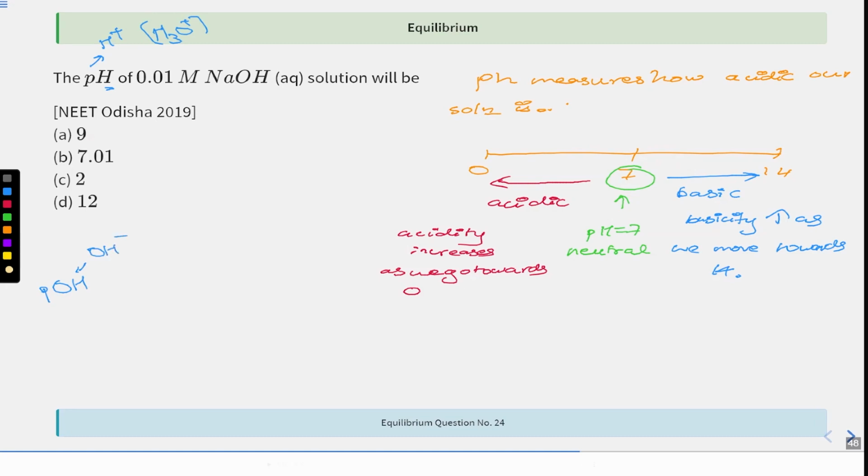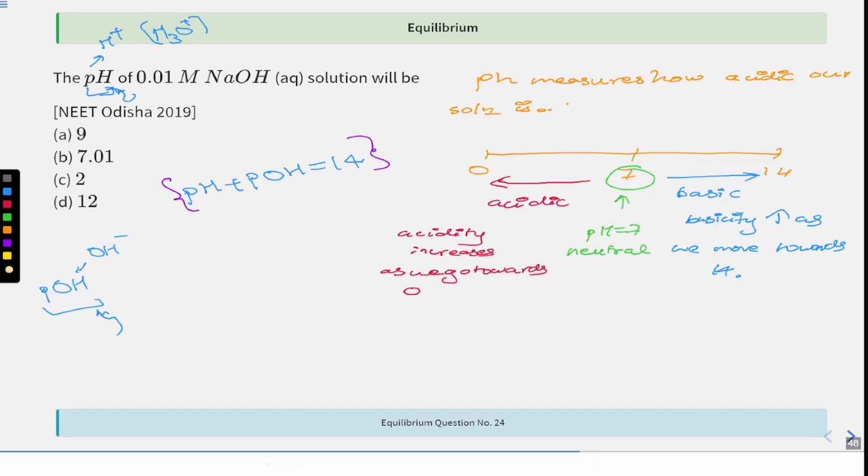Technically, pH plus pOH should give me 14, because one covers the acidic side and the other covers the basic side, and seen from the other perspective, it would be completely flipped. So pH plus pOH should be equal to 14. This is one important relation that we want.